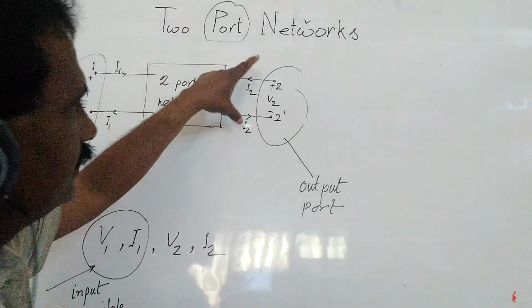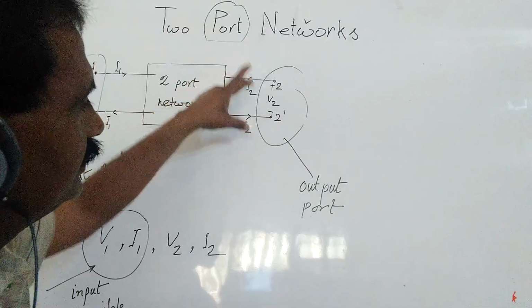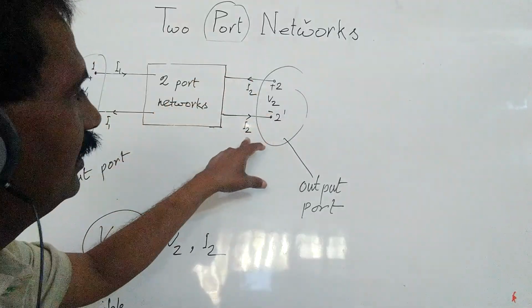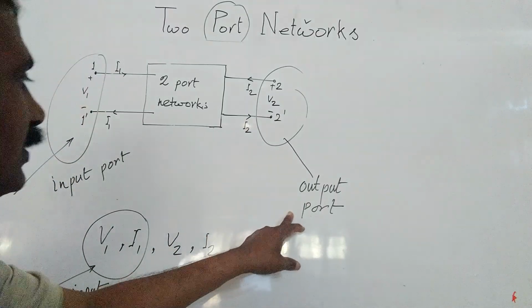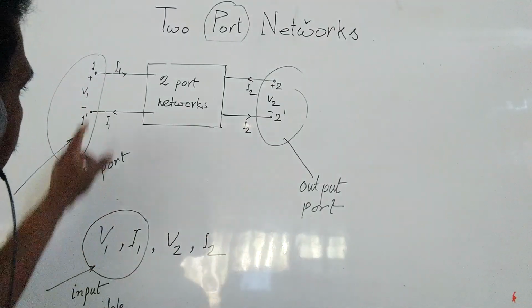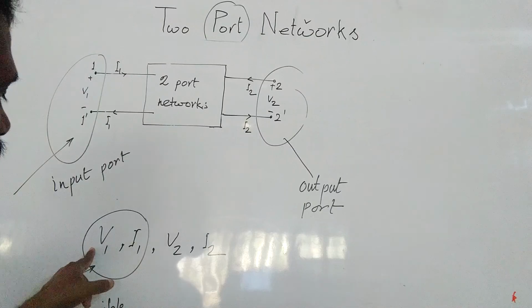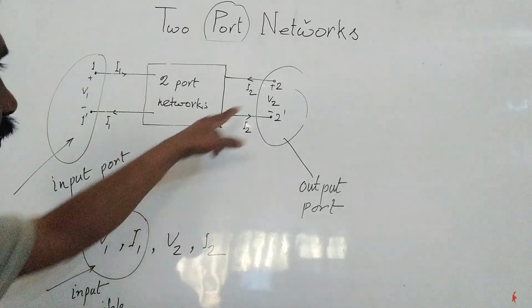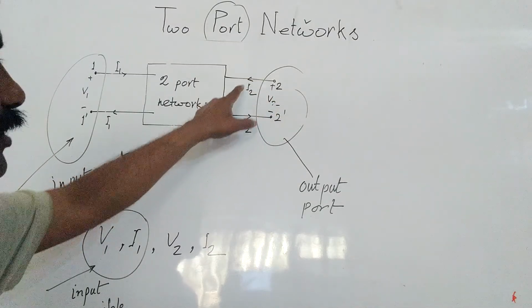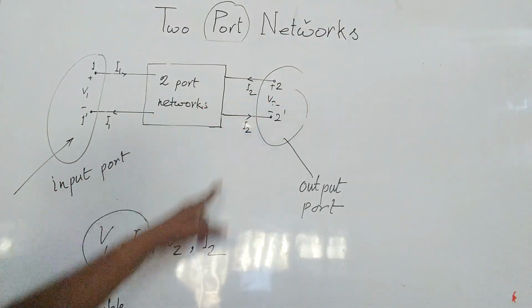The other port from which current or any signal leaves the network is known as the output port. It consists of 4 variables. V1 is the input voltage, I1 is the input current, V2 is the output voltage, I2 is the leaving output current.